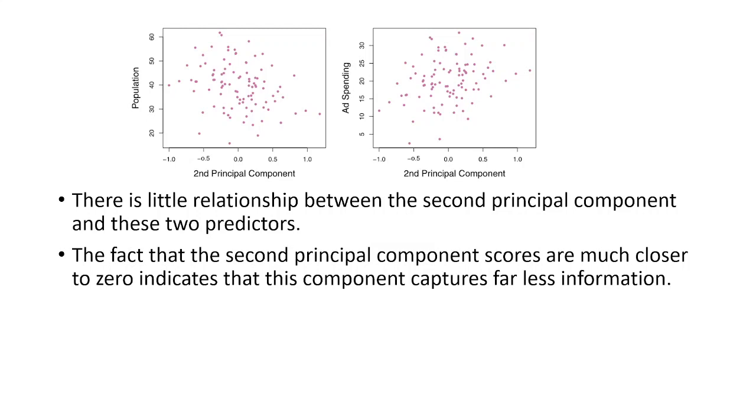The fact that the second principal component scores are much closer to zero indicates that this component captures far less information compared to the first component. Later in the lab sessions, we are going to look at how much variation is held by each of these components, and with larger data sets that have more features, we will decide at what point to stop, that is, the number of components.